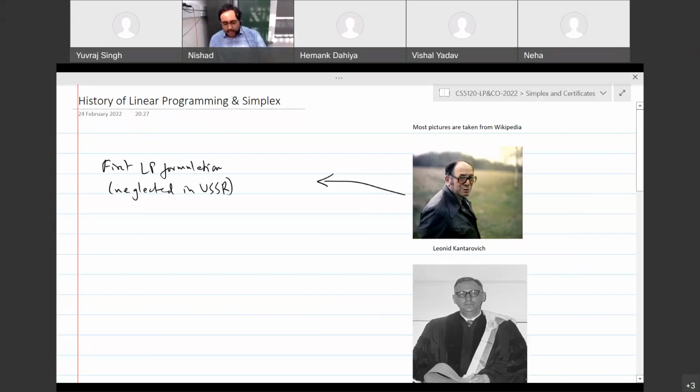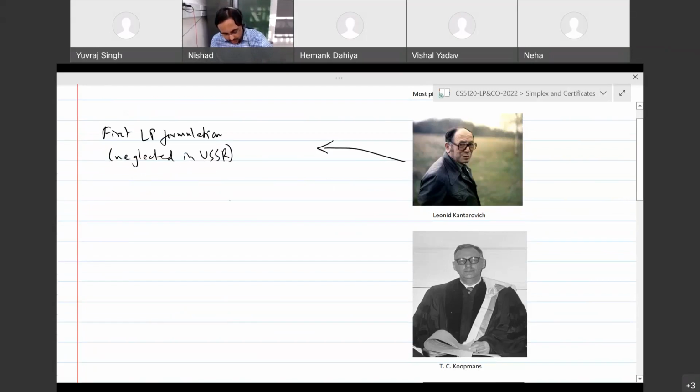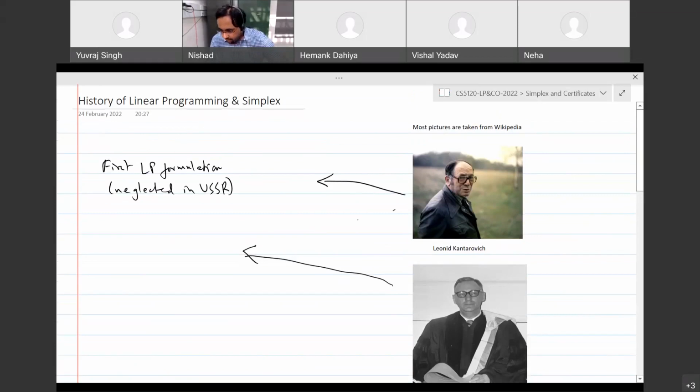And around the same time, the Dutch American mathematician and economist T.C. Koopmans also formulated linear programs, probably for similar reasons, because of the World War. And both of them were together awarded the Nobel Prize in Economics in 1975.